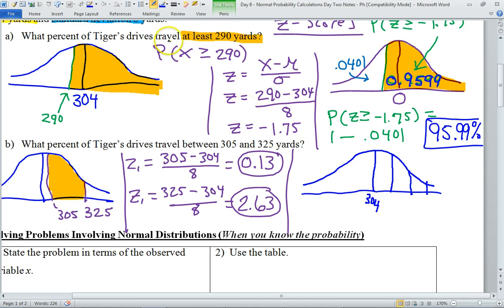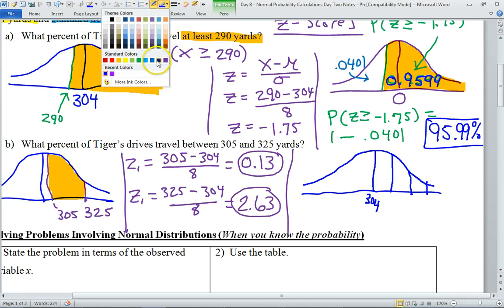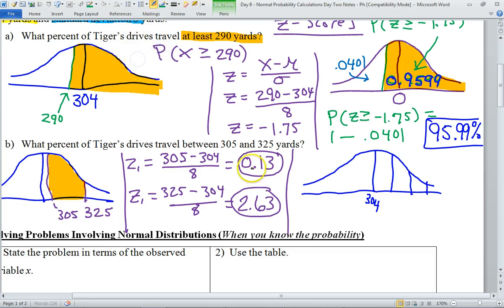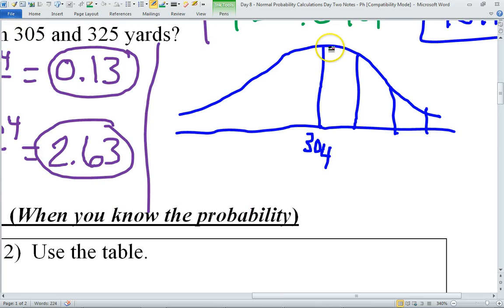My first value is just a little bit to the right of that. It's less than 1 standard deviation, a lot less. I don't want to put 304 there though, because these are z-scores now. Because they are z-scores, this middle one is now 0. The middle z-score is always 0.